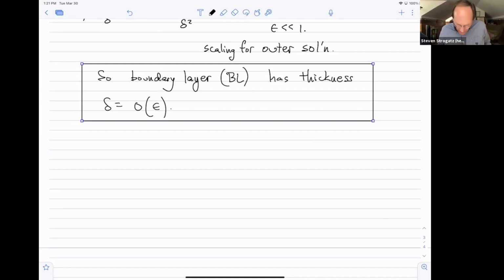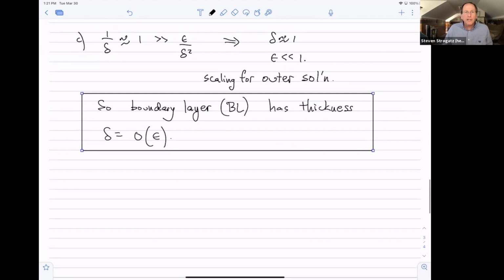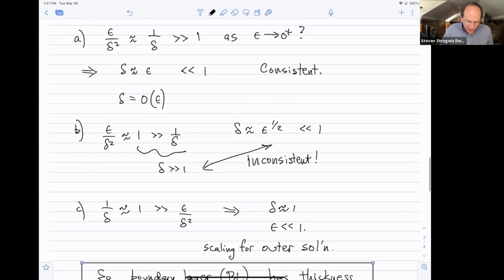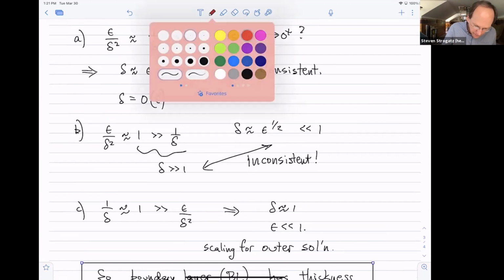But I just want to introduce some jargon, because when you're reading Bender and Orszag, you'll run into this phrase. This kind of argument that we did here, where only one of the balances was possible, they call a distinguished limit.